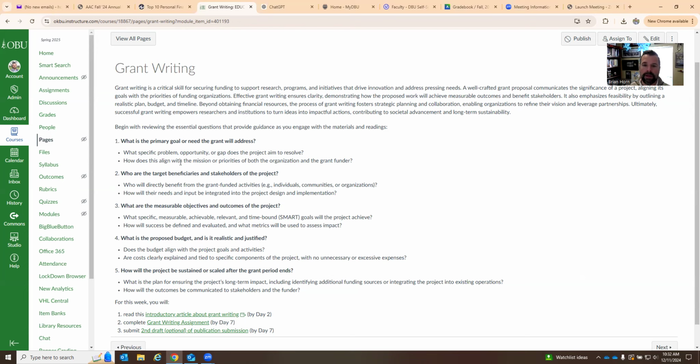One of the reasons I wanted to build this as part of the curriculum for this course is that there's a lot of unclaimed monies that are available for educational possibilities. And some of it is because people don't know how to write grants.